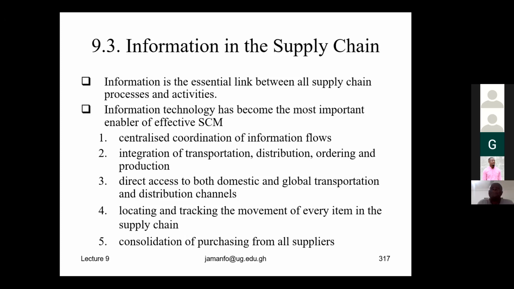Apologies to all our Nigerian friends on this platform. I think the DHL hub in West Africa is in Nigeria. Can somebody check for me? The DHL hub in West Africa, where is it? In which country is it?